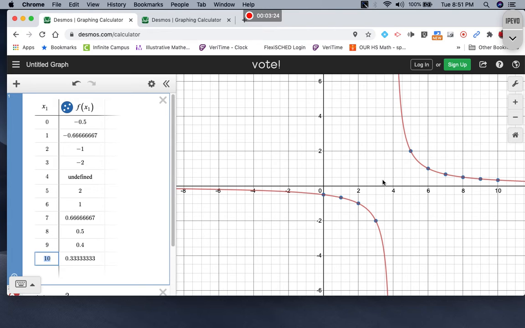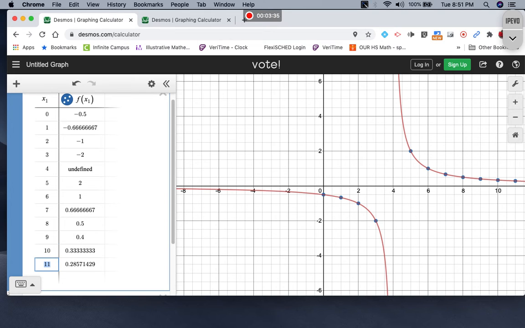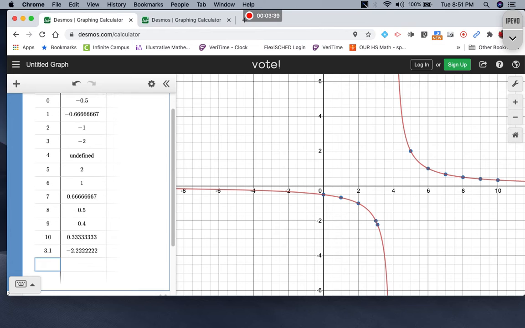So let's get a little closer to 4. So let's go here. 3 was okay. So let's go 3.1, 3.2, 3.3. We're looking good. 3.5, 3.8.